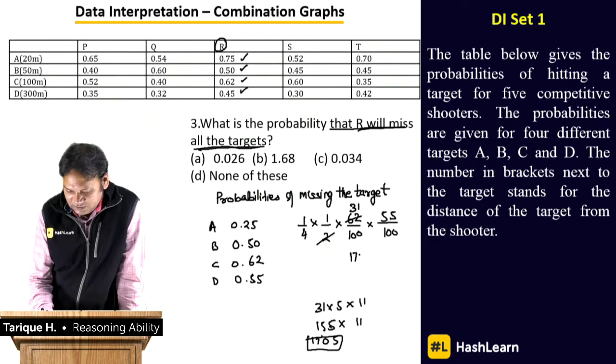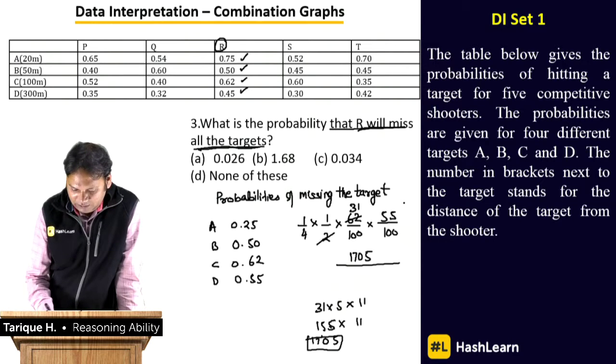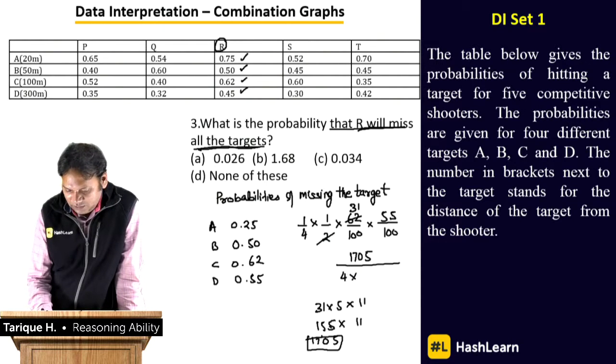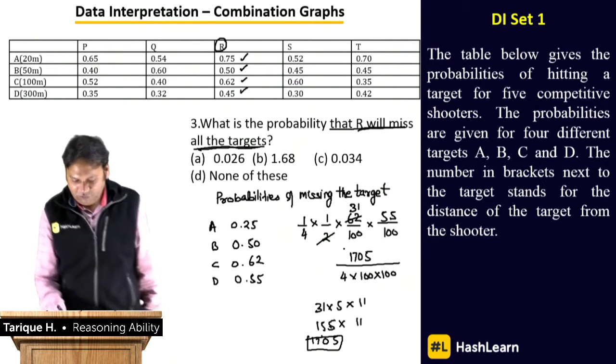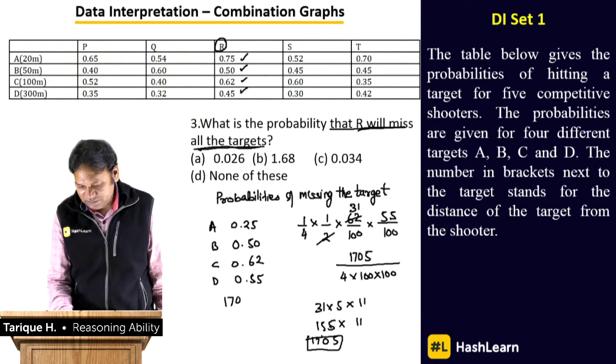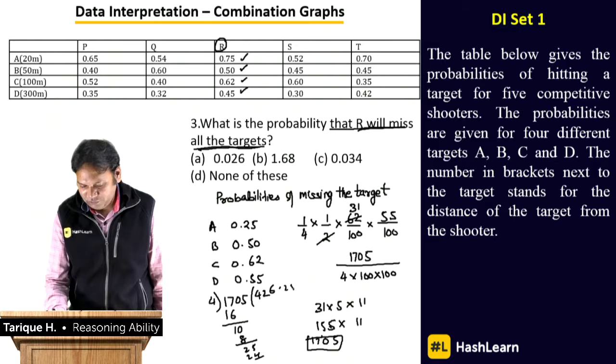So 1705 we have in the numerator, and below we have 4 into 100 into 100. So it will make sense to divide 1705 by 4 first. So 1705 by 4, 4 into 4 is 16, and we get 1 0 here. 4 into 2 is 8, and we get 2 5. 4 into 6 is 24, we get 1, so put 0.25.